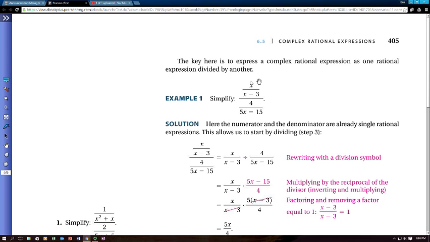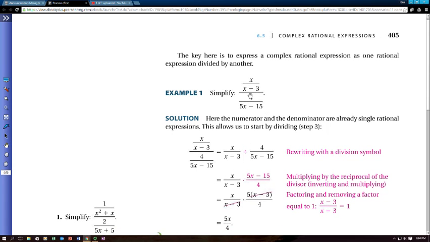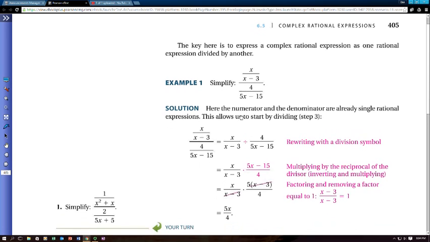This is really some good text to read and review too. It says the key here is to express the complex rational expression as one rational expression divided by another. In this case, that's already here. I have a fraction on top, x over x minus 3, and a fraction here of 4 over 5x minus 15. I notice right away that we can factor some stuff, but let's stick to the solution first.